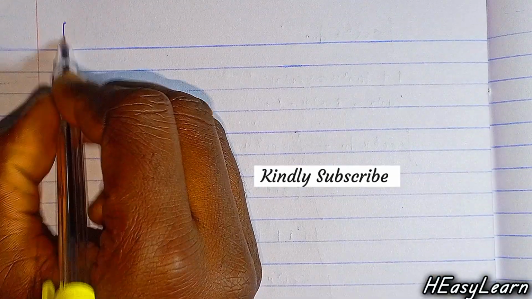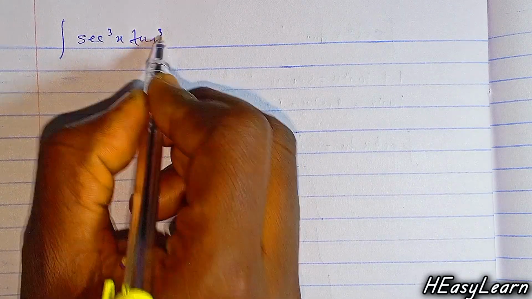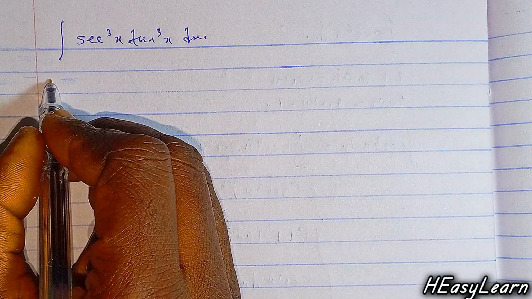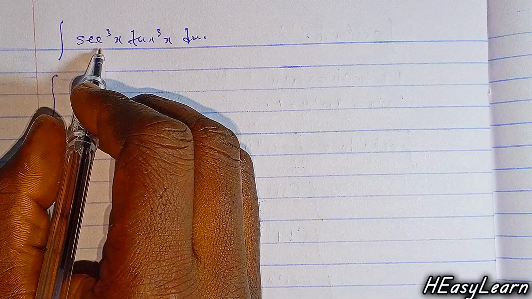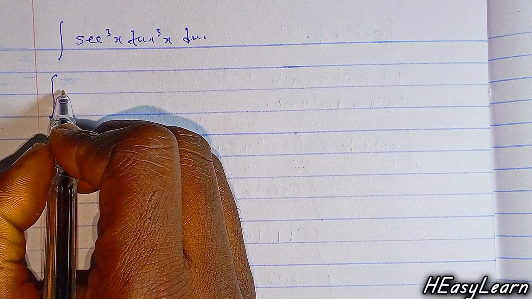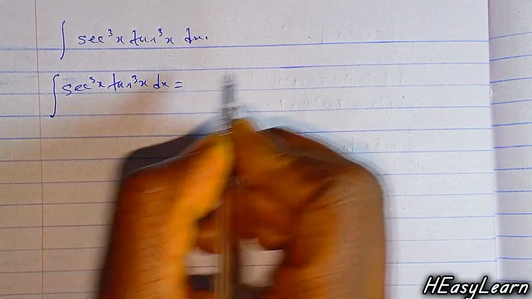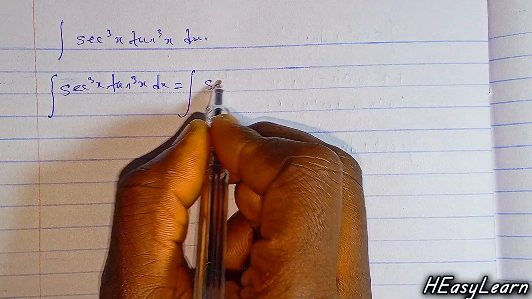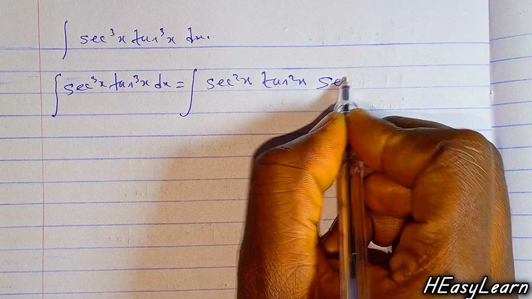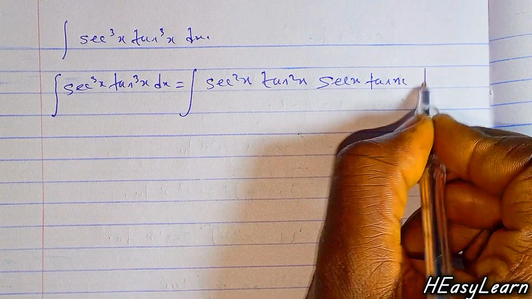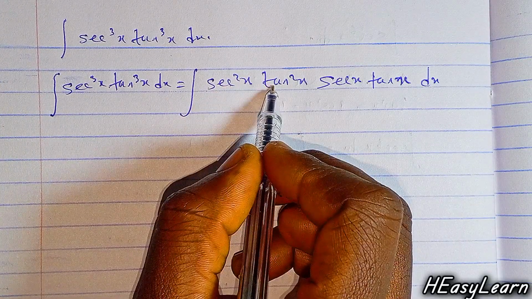The integral of sec cube x tan 3x dx. In this case, to find this integration is all about changing the appropriate trig to another trig that is easier to integrate. From here, sec cube x tan cube x dx is the same thing as the integral of sec square x tan square x, leaving sec x and tan x, then dx, because from the trig identity we only know the relationship between sec square x and tan square x.